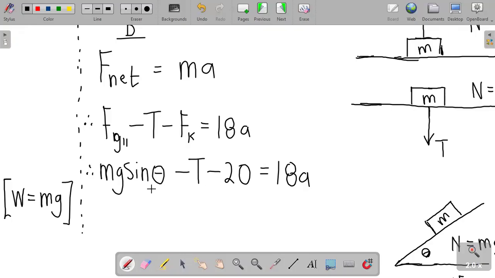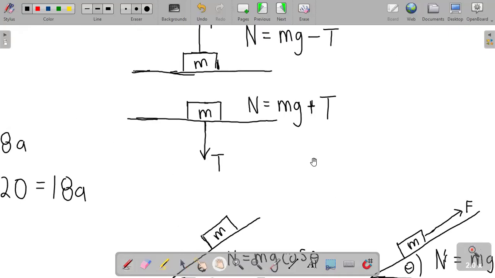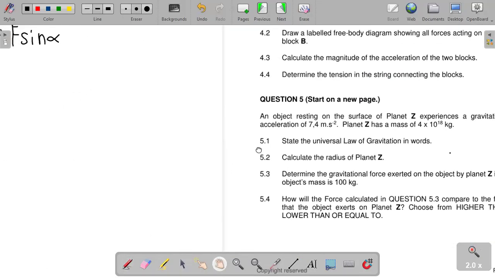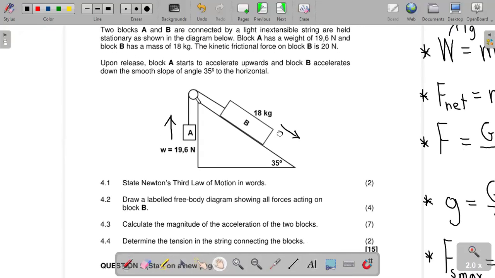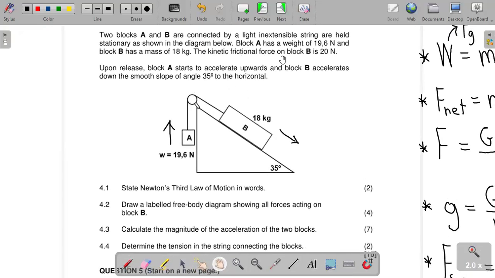The kinetic friction here, we were given 20 newtons. They said the kinetic friction force is 20. The mass is 18. The kinetic frictional force on block B is 20.